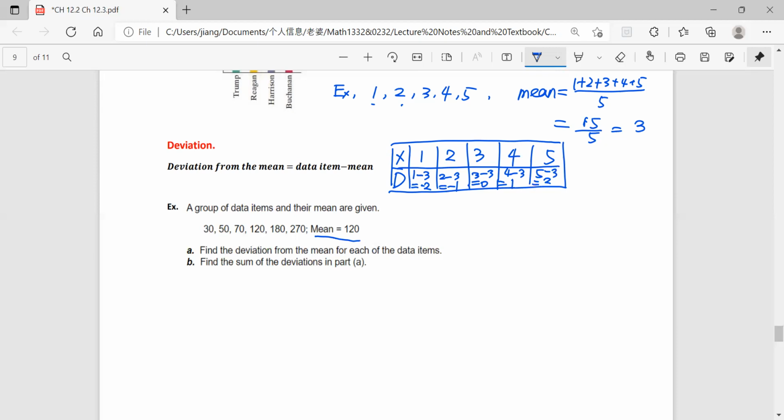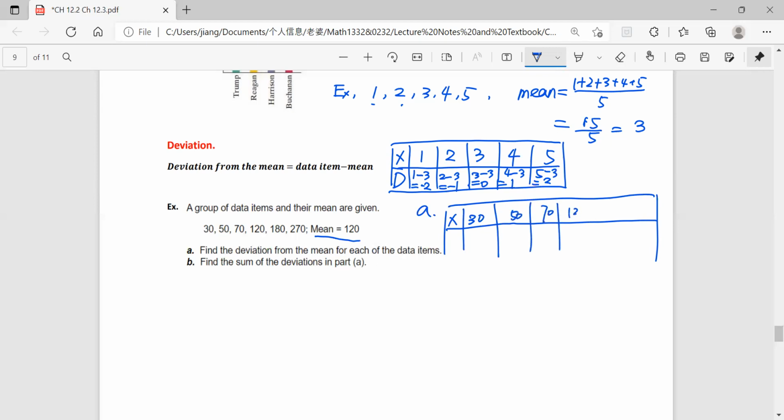So it's looking for the deviation for each item. That means I can also make a table. This is part A. The X, the first one is 30, and then 50, 70, 120, 180, and 270.